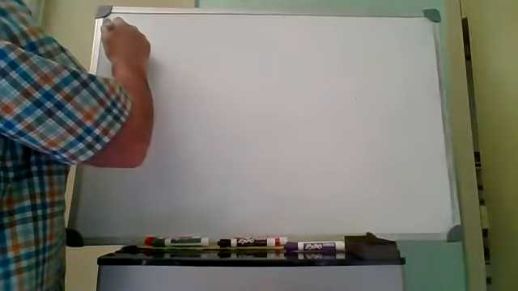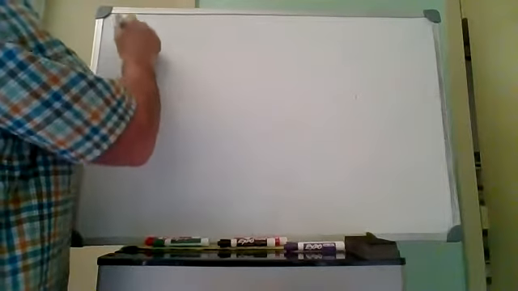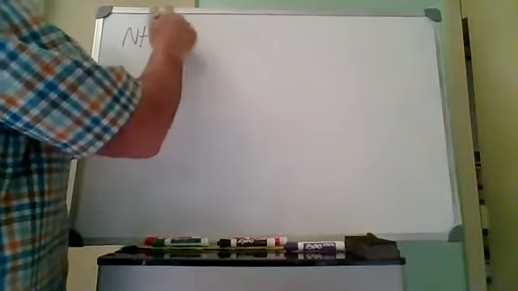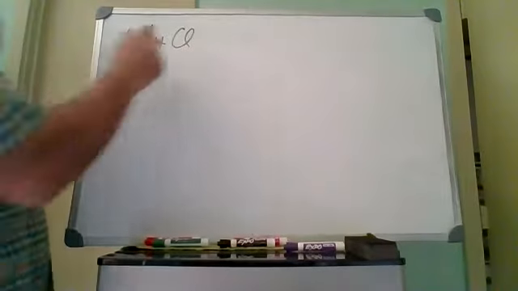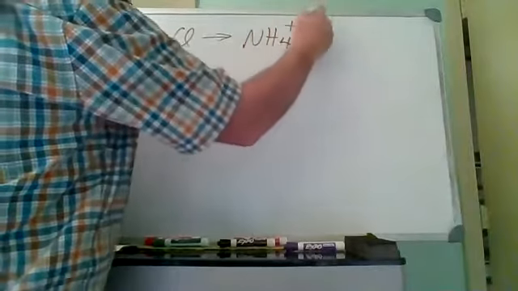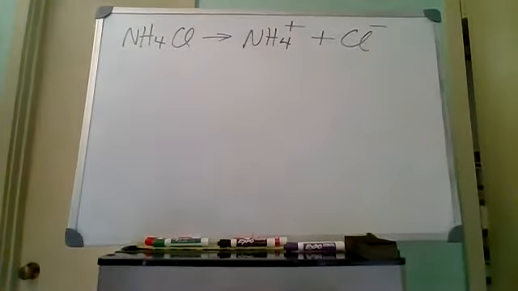So suppose we had something like NH4Cl. And this is going to dissolve in water to give us NH4 plus Cl minus. So we want to determine, will the pH of this solution be acidic or basic?